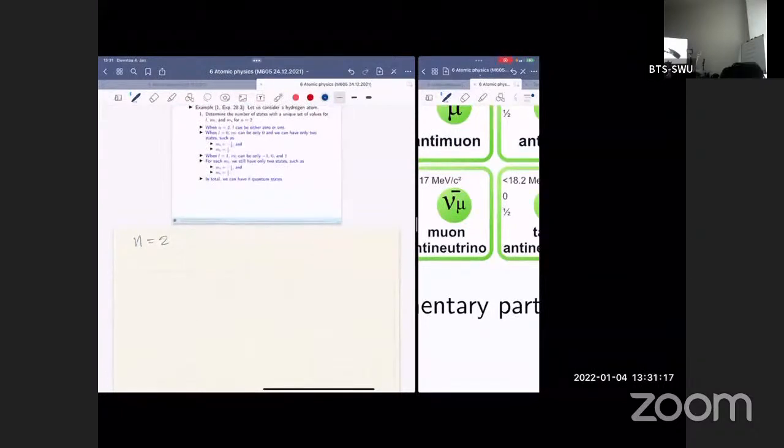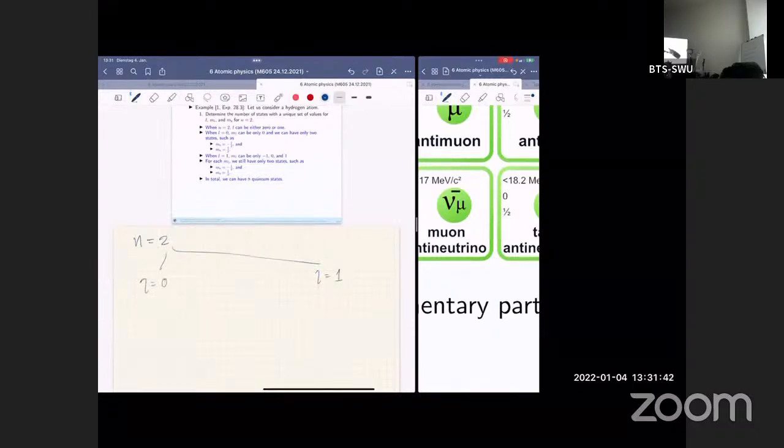L could be 3 possible cases, right? The first one, L equal to 0. Oh no, 2 cases only. There will be only 2 cases, right? Because L equal to 0 and L equal to 1, right?